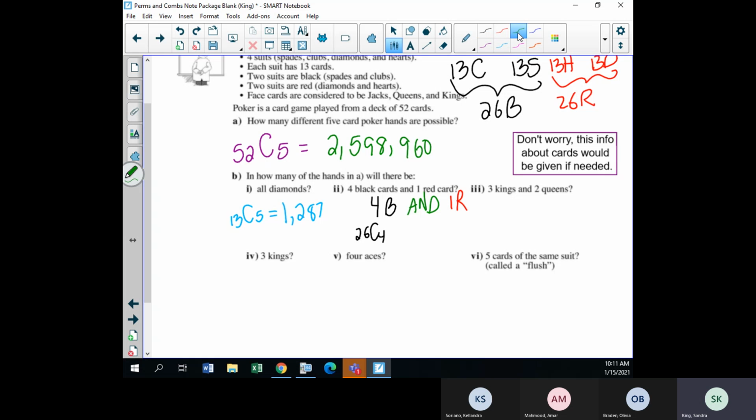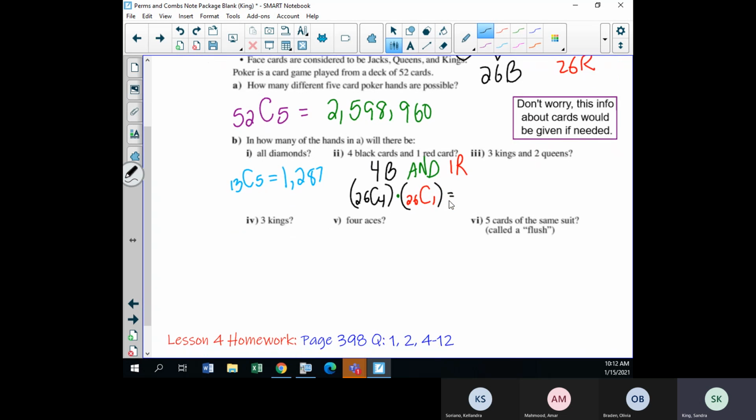And let's multiply by 1 red. You look at your characteristics of cards, there's 26 reds in a deck, and we're going to choose 1. So that would be 26 choose 1. If you have the older calculator, make sure that you're entering these in brackets. Your newer calculator, you don't need to, but the older you do. The number of possible hands that would have 4 black and 1 red is 388,700.